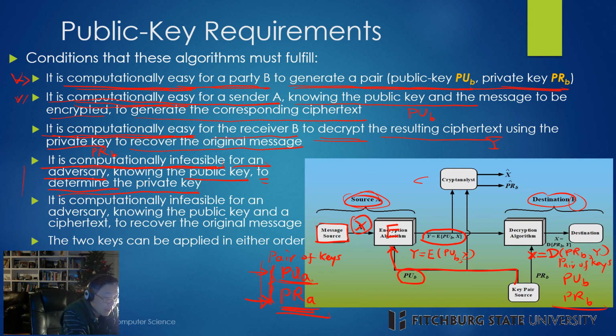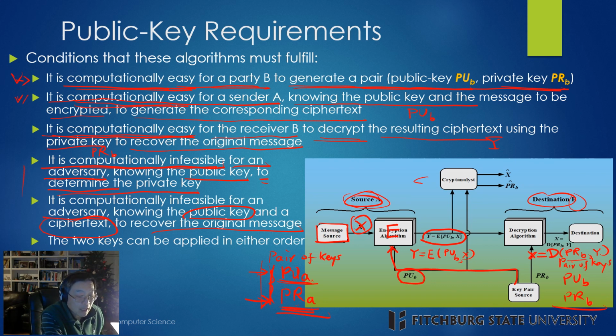Also, it should be computationally infeasible for an adversary knowing the public key and the ciphertext to recover the original message. Remember, the reason the receiver can easily restore the message from the ciphertext is that the receiving side has its private key, PR_B.